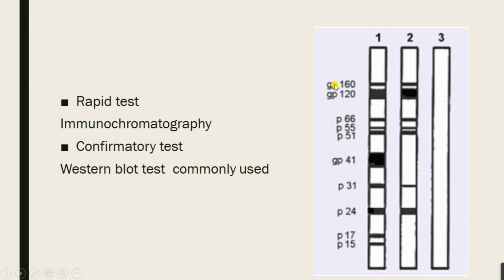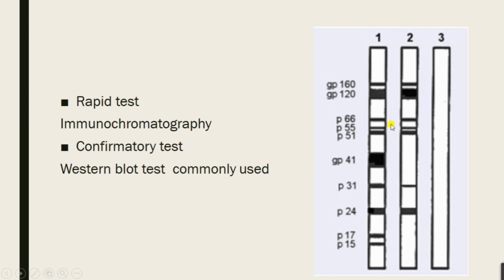These are the antigens and glycoproteins seen in the HIV virus, namely P15, P17, P24, P31, GP41, P51, P55, P66, GP120 and GP160. You will have a control running parallel to your test.